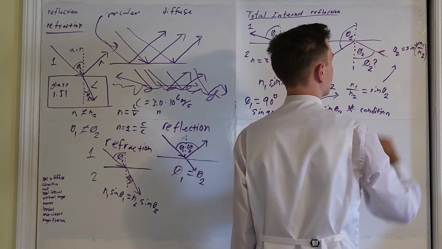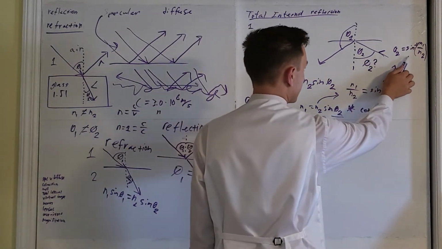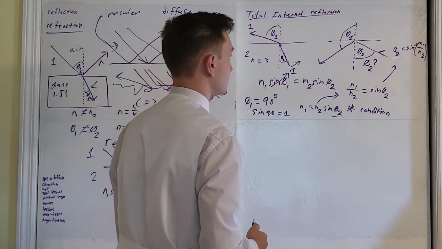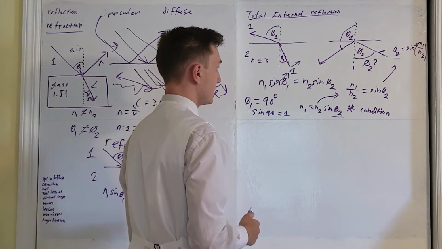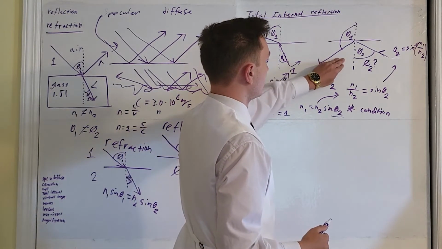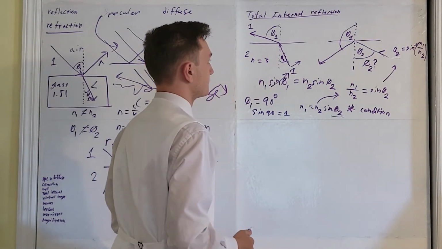Okay, that is our condition to solve for the angle at which total internal reflection occurs. And again, it can only occur when we're going from a medium of high index of refraction to a medium of low index of refraction. All right.